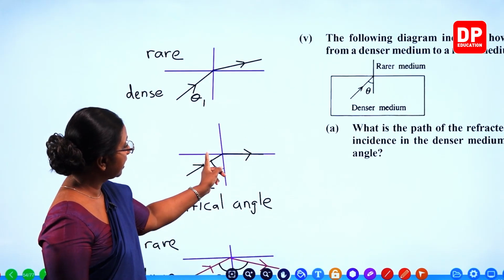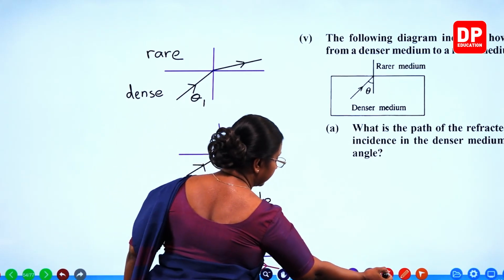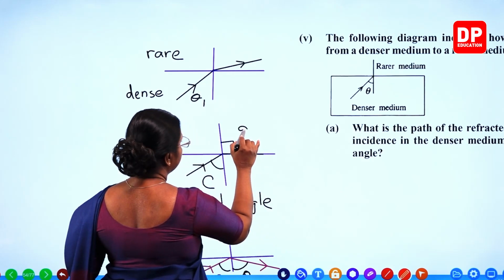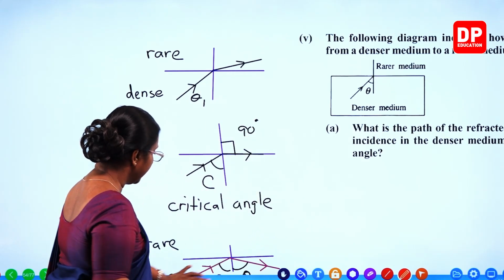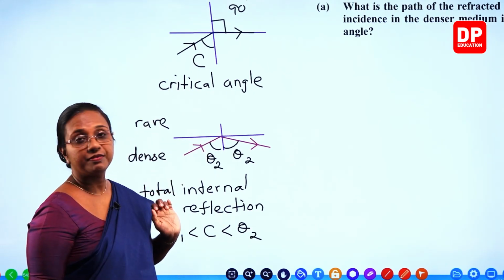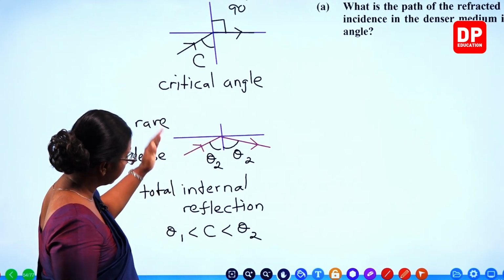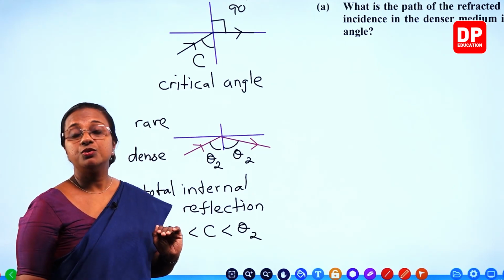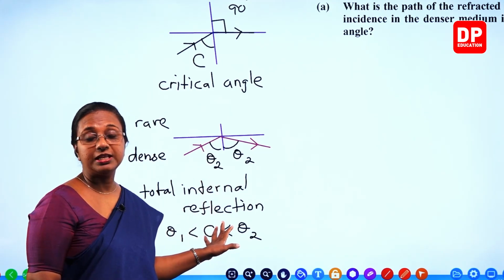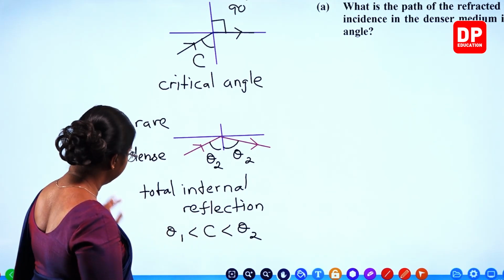When it is the critical angle, there is refraction, but this angle is 90 degrees. Then after that, if you increase the angle of incidence further, there will be no refraction. Instead, there is total internal reflection. So this is the concept of total internal reflection. You all are familiar with this.